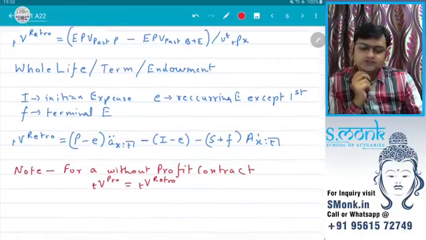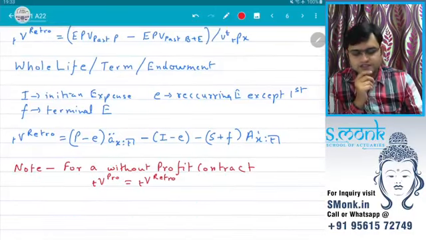So both methods should give you exactly the same reserves.